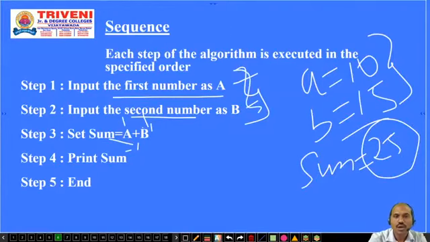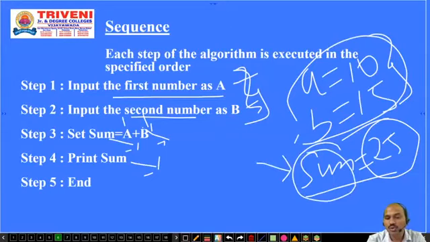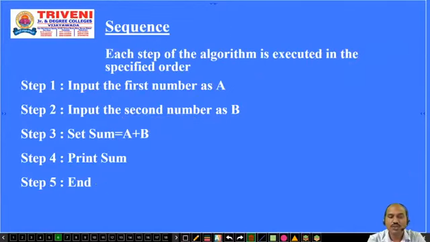This is the calculation of the two input values. After the calculation, we go to the print step. The calculated value is held in sum, and we print the sum, then complete the algorithm with the end statement. So this is the sequence of the algorithm.